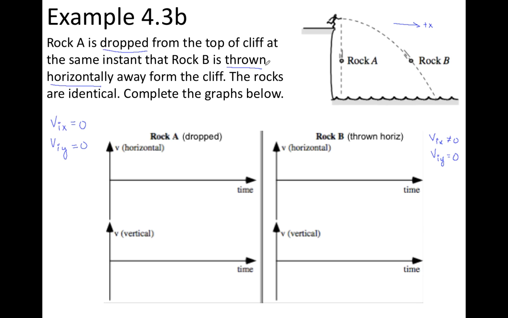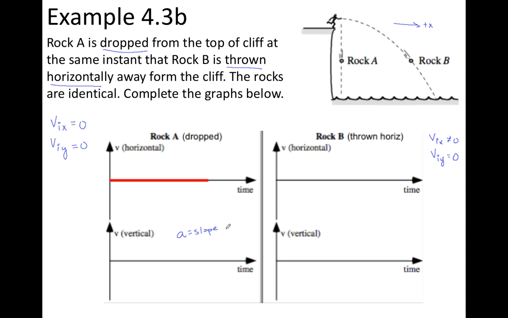So what do these graphs look like? For our dropped object, there's no motion in the x at all. The initial velocity in the x is zero. The acceleration in the x is zero. So we will have constant zero velocity in the x direction. So what about the y direction? It's important to keep in mind that the acceleration is the slope of this graph.